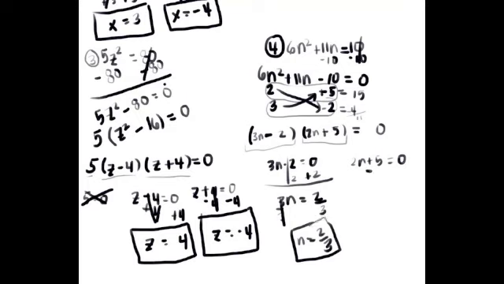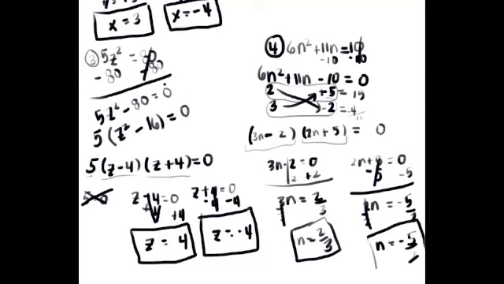Now let's work on the other one. Subtract 5, subtract 5. Then we divide by 2. So our other factor is going to be n equals negative 5 over 2.